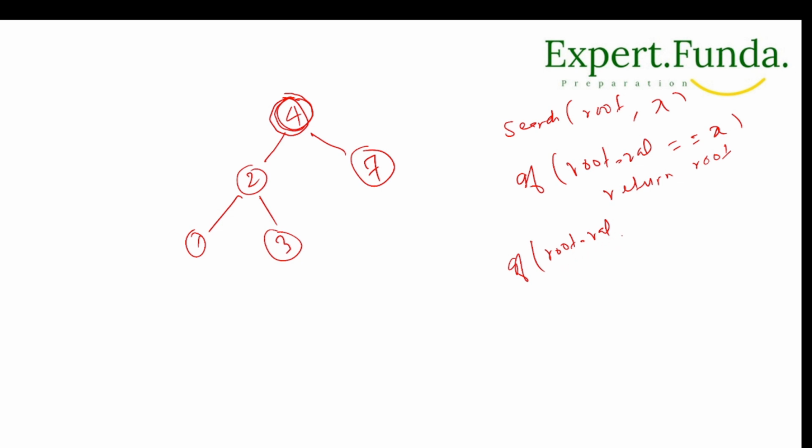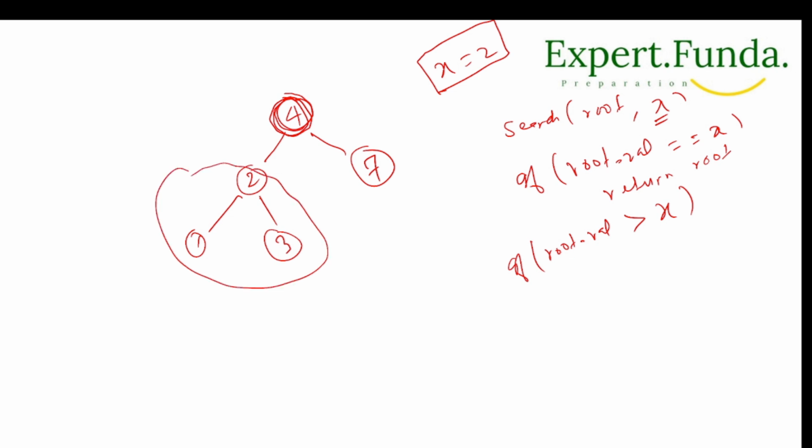So if root dot val is greater than x, the search value, meaning 4 is greater than x, where x is 2 right now, so it is true. That means we have to search this whole left subtree. In that case we do a recursive call: we return the same function, search.